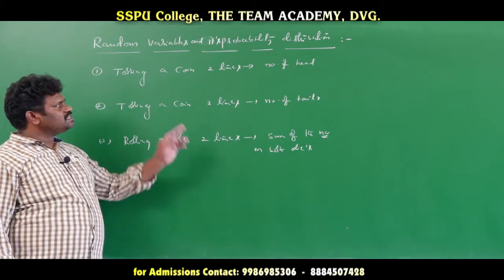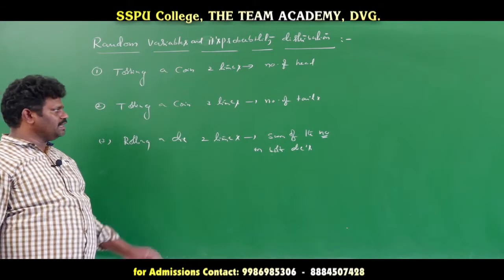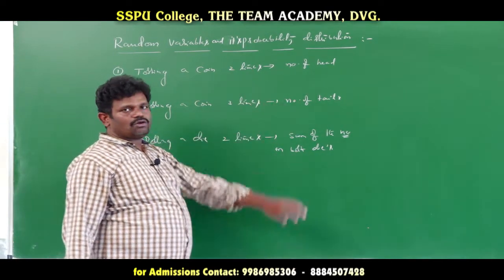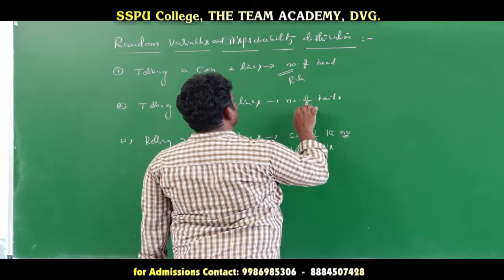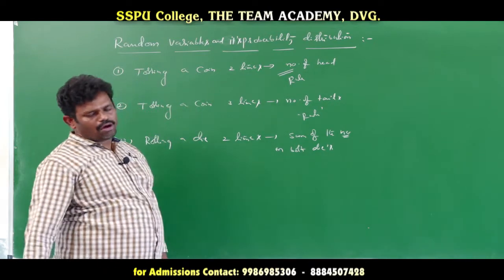So in this experiment one condition is the number of heads, another case is the number of tails, another case is the sum of the numbers on both dice. This is called a rule, or a condition.